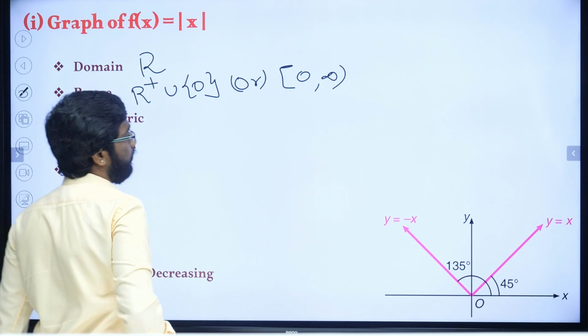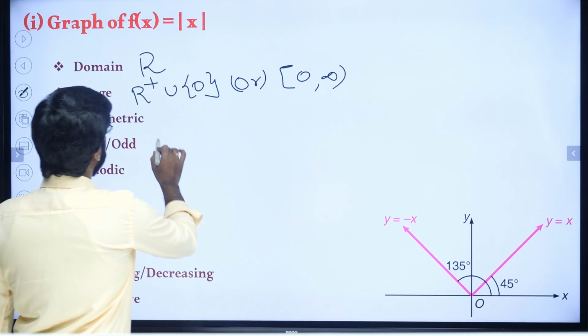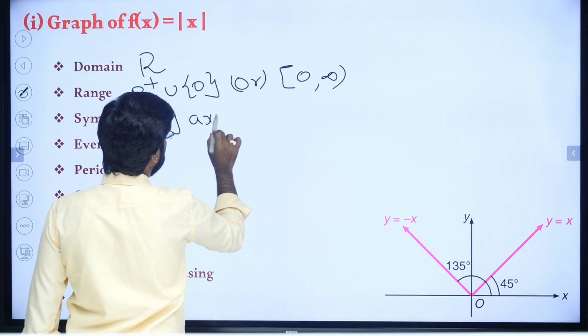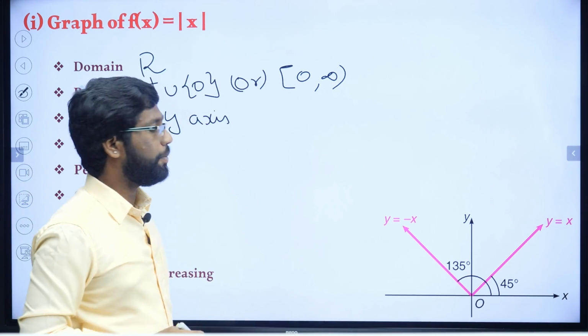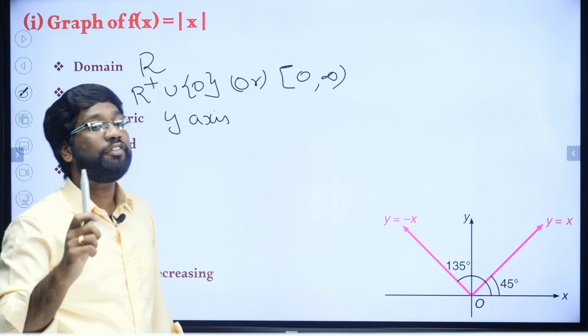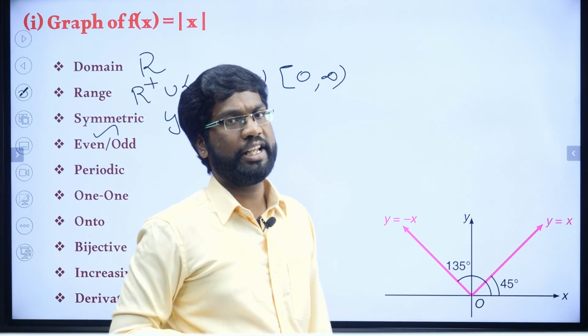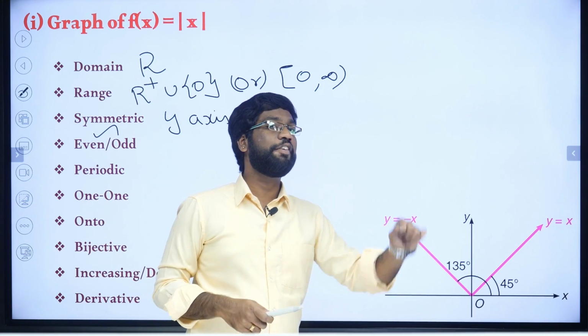Then symmetric. Symmetric about, my dear students? Y-axis. So if it is symmetric about y-axis, then it is an even function. You have to be very careful, my dear students. Okay, if it is symmetric about y-axis, that function is an even function.